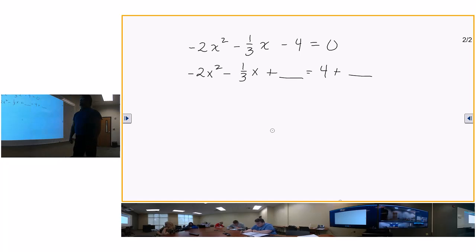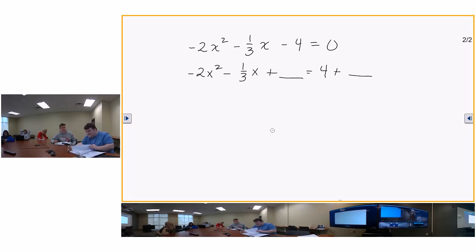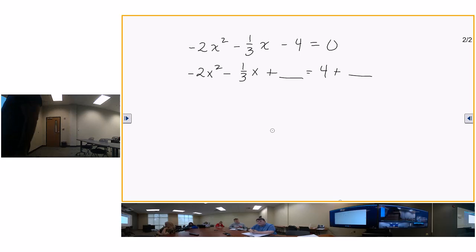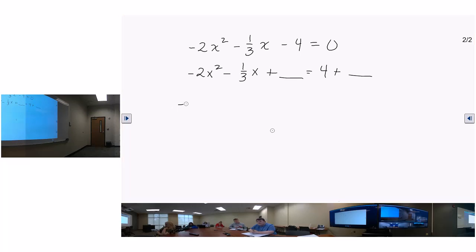All right, now what? Take -2. Factor out the -2. Let me ask you a question. When you factor out something, what is that? Division or multiplication? Division. Good. So we're going to factor out the -2, and that's going to give us positive x squared plus, well, we're dividing by 2.